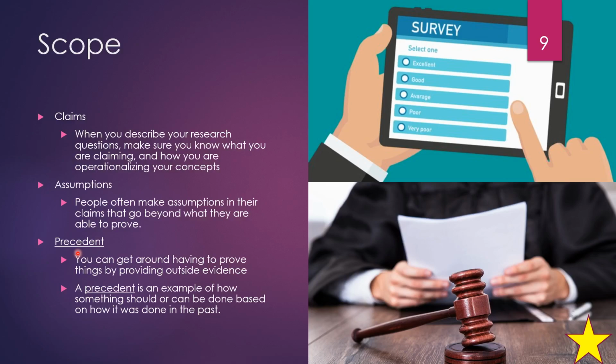So if you are going to investigate people's happiness as it relates to the time of day, instead of creating a whole new questionnaire about happiness and having you assume that it works, you might use an existing survey, and thereby you would be using precedent to say, hey, we know this survey has to do with happiness based off of somebody's previous research or my previous research.